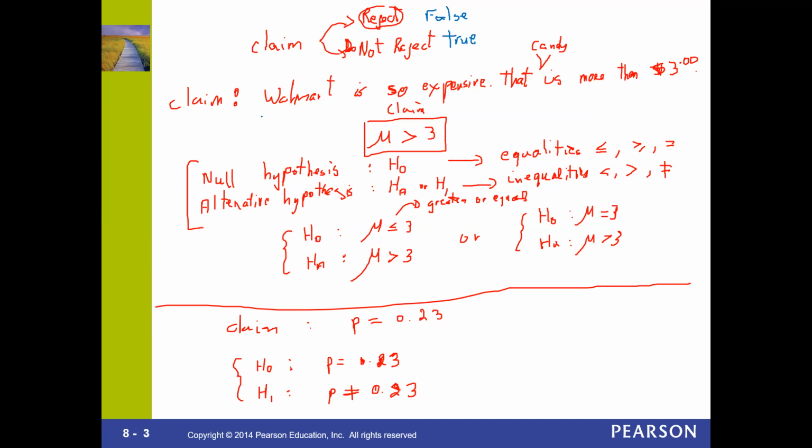So once you make a claim, for example, someone says Walmart is so expensive that a specific candy is more than $3, then you do some study. If you find that this is a false claim, you say so. Suppose this is a true statement. If you do not reject the claim, you say do not reject.